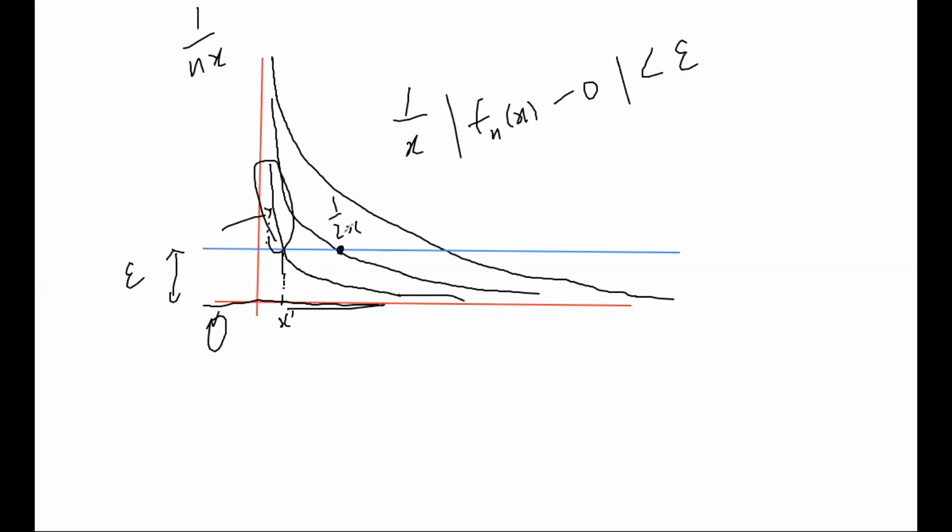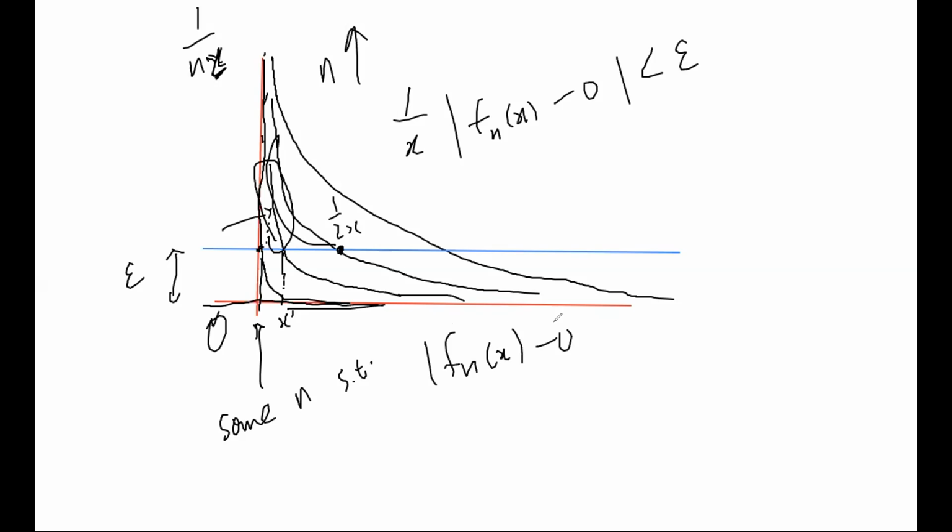Same for this function. It's gone out. In fact, no matter what you do, even if you set your n to be very high, this function will immediately shoot up for very small x. So no matter what you do, there will always be some n such that fn(x) minus 0 will exceed epsilon, because it increases too quickly.